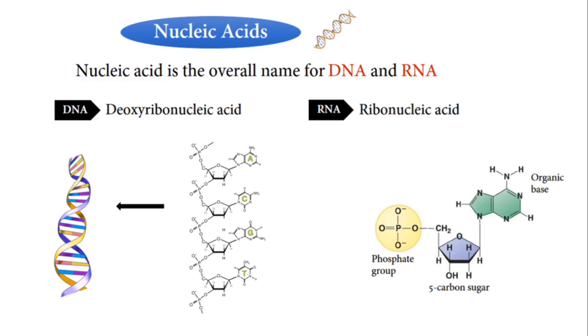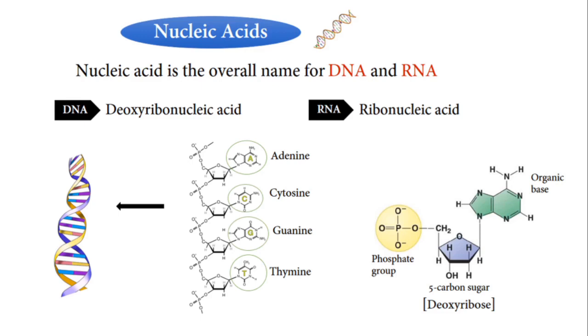In DNA, the sugar is deoxyribose and the organic base is either adenine, thymine, cytosine, or guanine. The nucleotides are joined by their phosphate groups to form a long chain. The phosphate and sugar molecules are the same all the way down the chain, but the organic bases may differ.